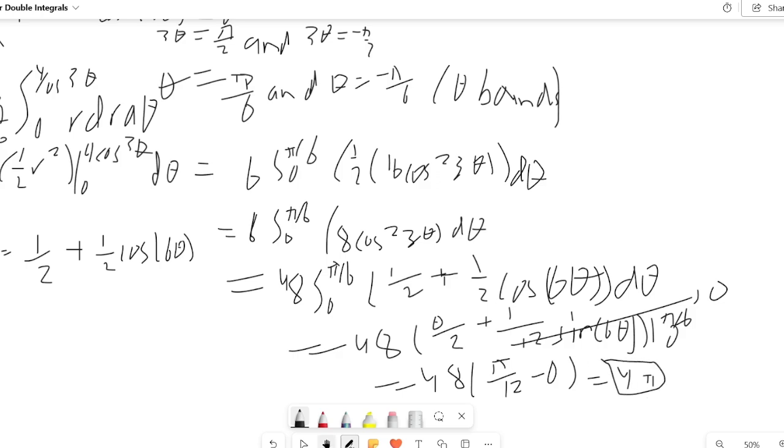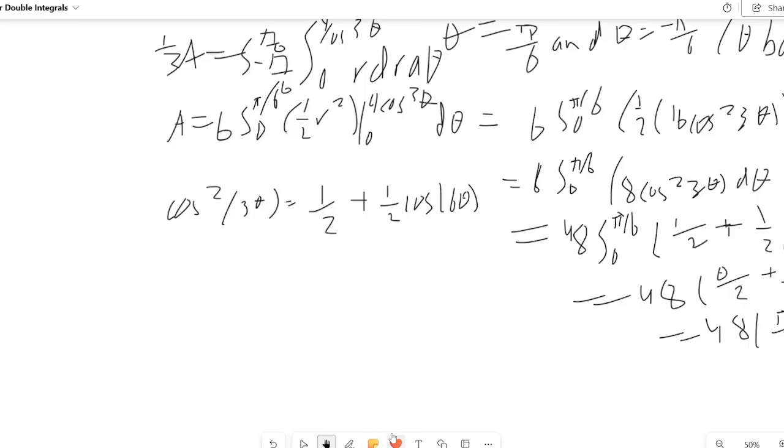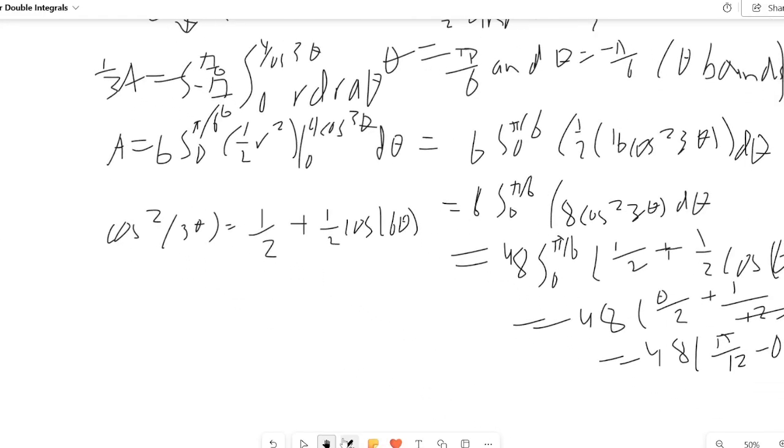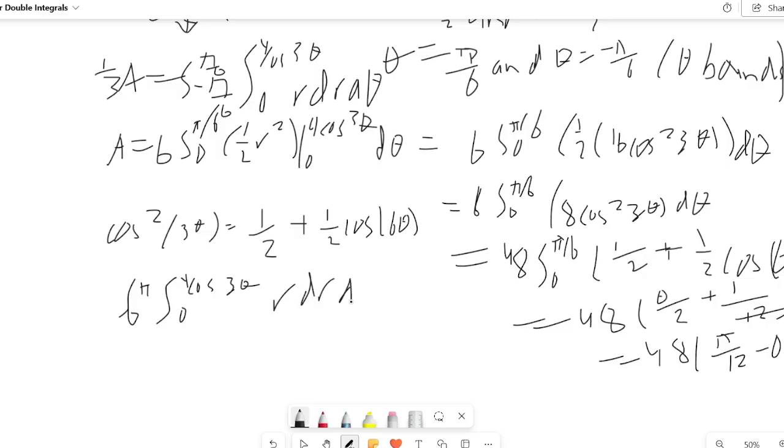Now let's demonstrate if we just integrate it from 0 to pi. So if we do 0 to pi and the equation, r dr d theta, we will get the 1/2 r squared from the integration with respect to r.